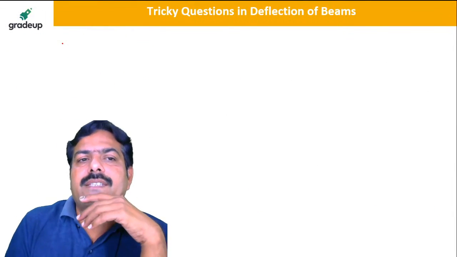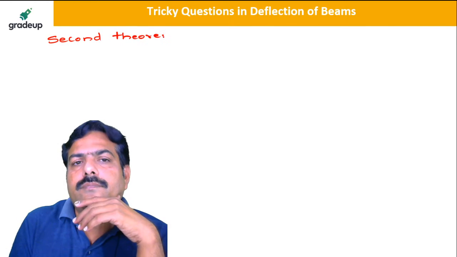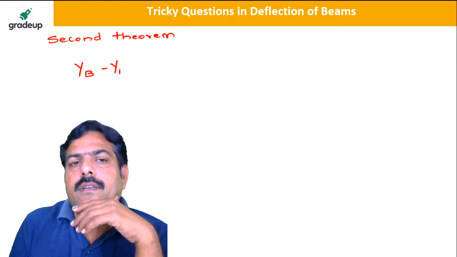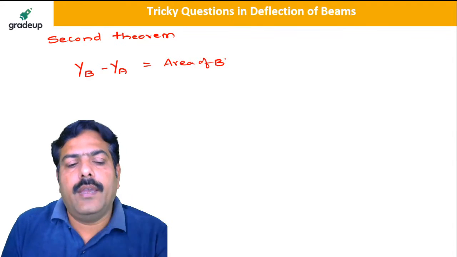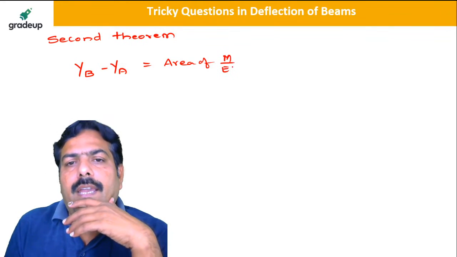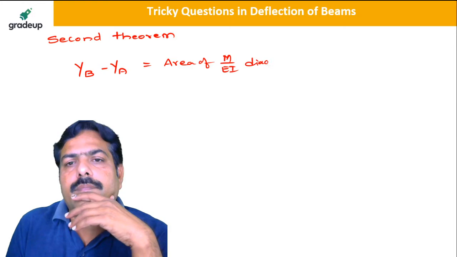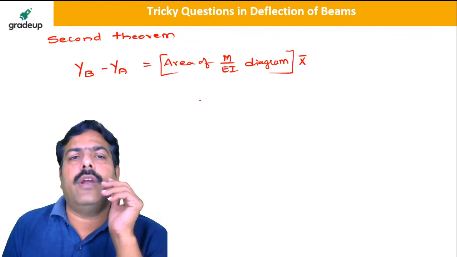So my dear friends, the second theorem says that the deflection between 2 points is equal to the area of the M upon EI diagram into the position of the centroid point.